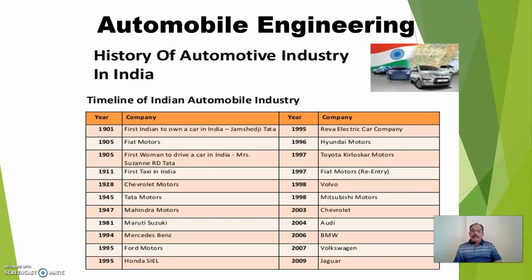Like that, from 1990 we opened our automobile sector globally, so that other countries can establish their plants in India and sell their cars in India. So we have opened the global market.